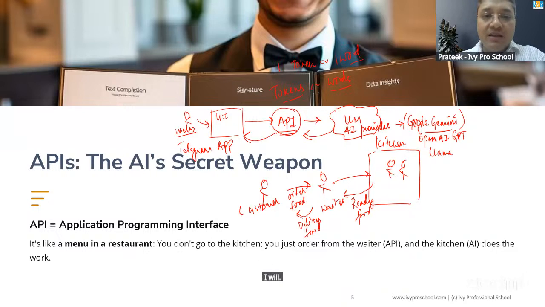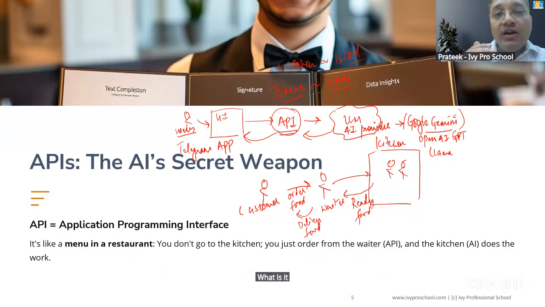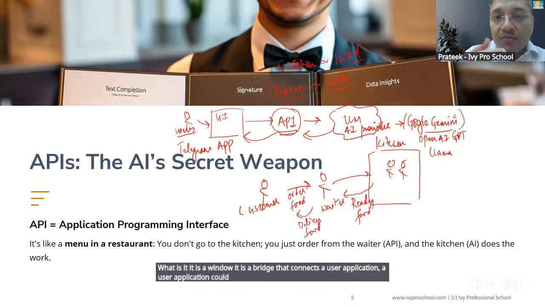Shubhankar, I will repeat the flowchart again. No problem. Essentially, what we are talking about is: what is an API, an application programming interface? It is a window, a bridge that connects a user application. A user application could be the software that we have on our mobile phones or laptops, right?